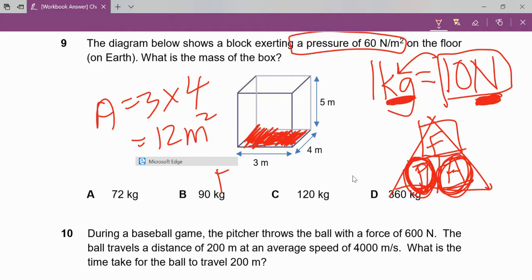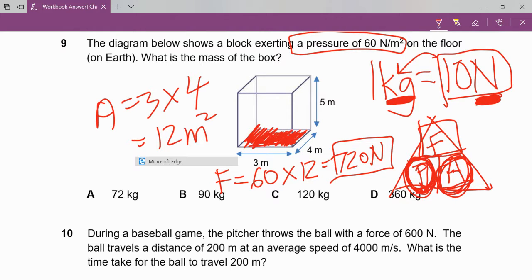I can find the force which the box is exerting. I just need to take pressure times area. 60 times 12 equals 720 newtons. This is the force which I have just found out.